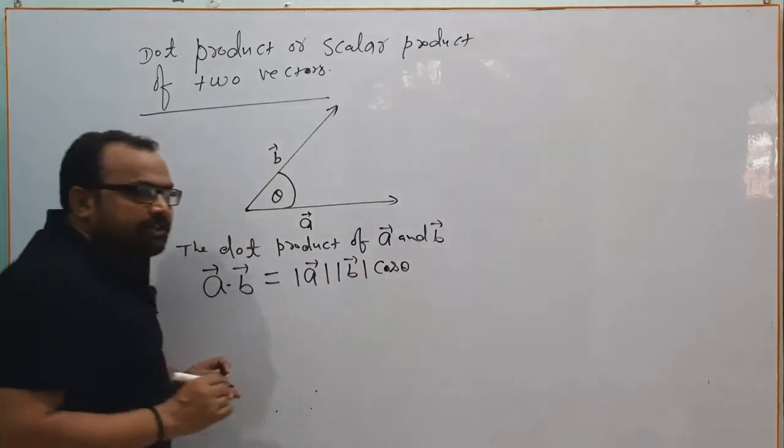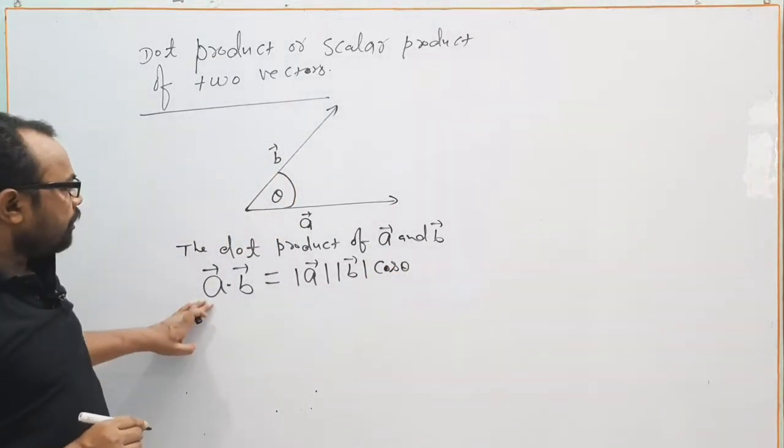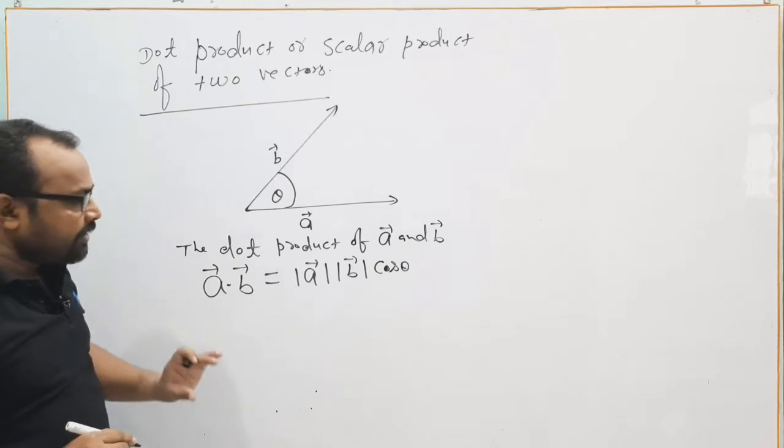This is the definition of dot product or a scalar product of two vectors.